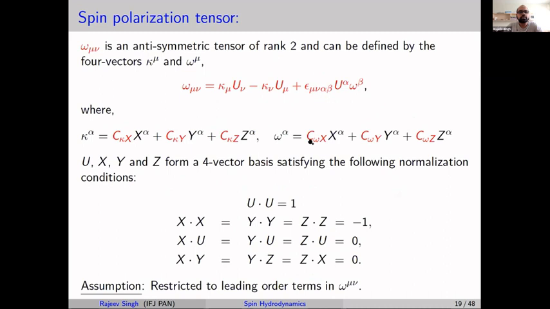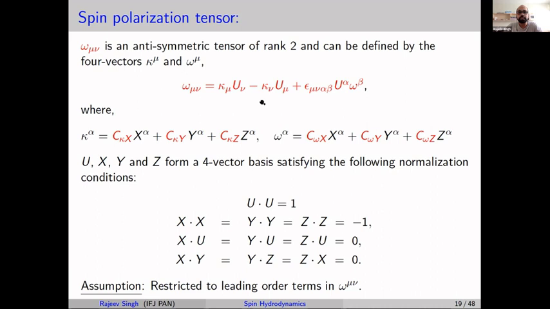Yeah, so this is the spin polarization tensor, which is an antisymmetric tensor of rank 2, expressed in this form. Why this form? Because any second rank antisymmetric tensor can be expressed in this form. For example, you have known about F mu nu, the Faraday electromagnetic field tensor.